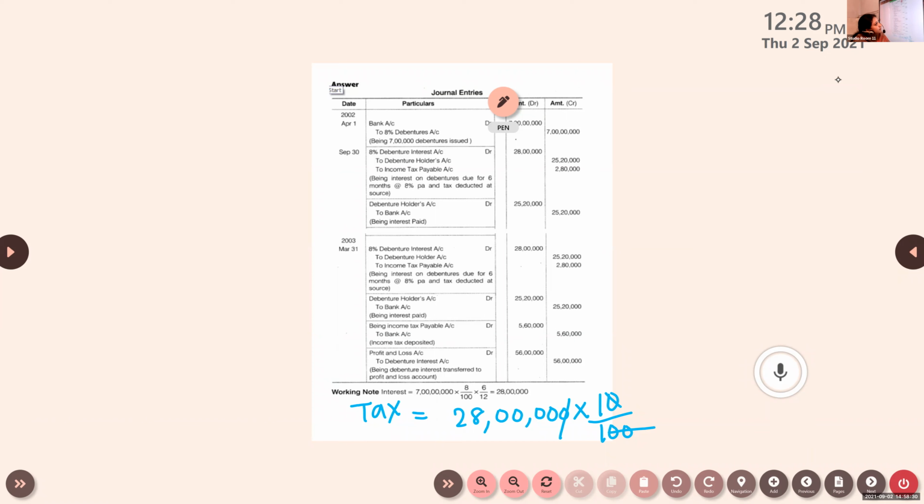Clear? Or if it is using the securities premium reserve account, then the entry becomes Securities Premium Reserve Account debit to Discount or Loss on Issue of Debentures.